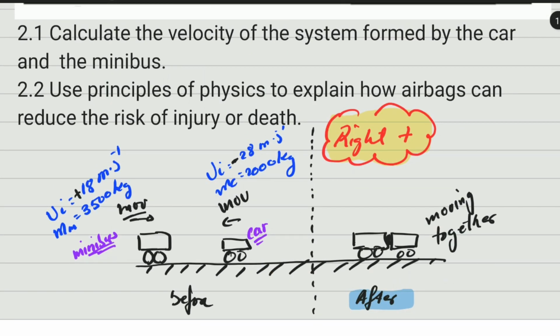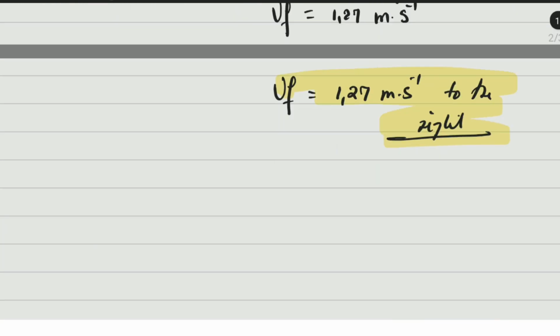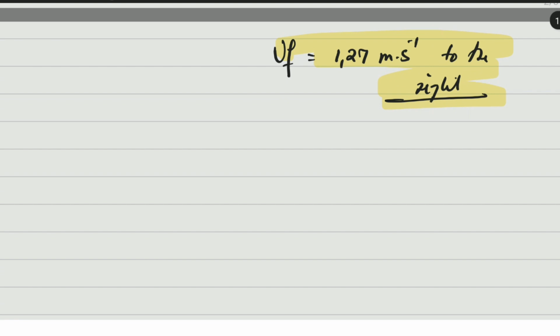The next question says, use the principle of physics to explain how airbags can reduce the risk of injury or death. Now, if we recall Newton's second law in terms of momentum, which I'm going to write down here real fast, we say that F net is equal to the rate of change in momentum. So this was the law.